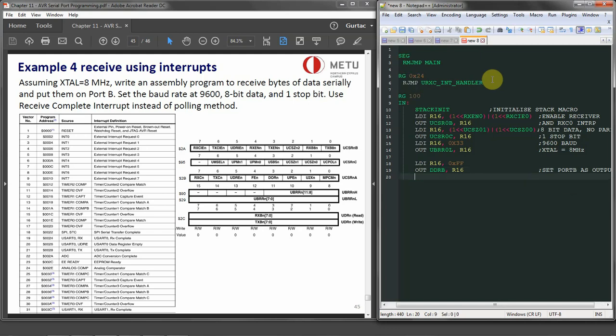So once we have done that, of course we have to enable the global interrupts. So SEI enables interrupts globally.